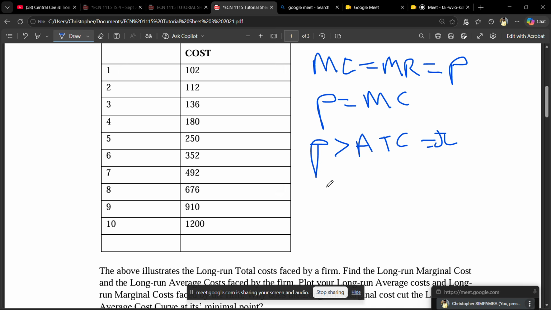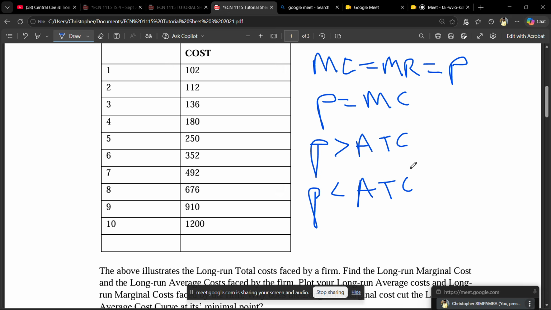A firm will make a loss if price is less than average total cost, in the short run. These are the conditions you are supposed to pay attention to. No need to worry about how the graph looks. You just have to understand this, and if you want to memorize something, memorize this, then you're good to go.